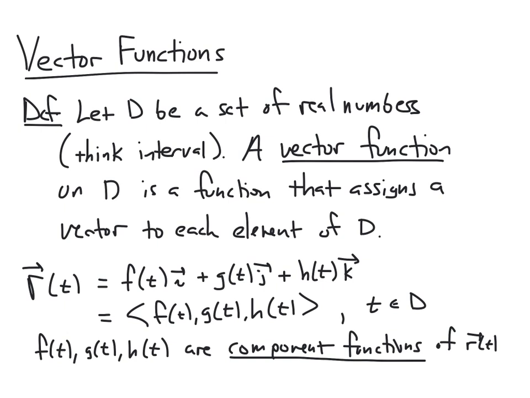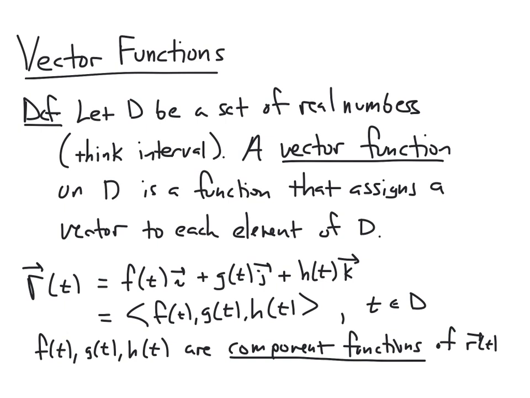One last thing to mention about vector functions is that the output of these are vectors, but the way that we're going to view them is as position vectors. And that is, whenever we output a certain vector, we're going to think of the vector starting at the origin and considering the terminal point of that vector. And so in this sense, this vector function will take every number in the interval D and will output a point in 3 space.